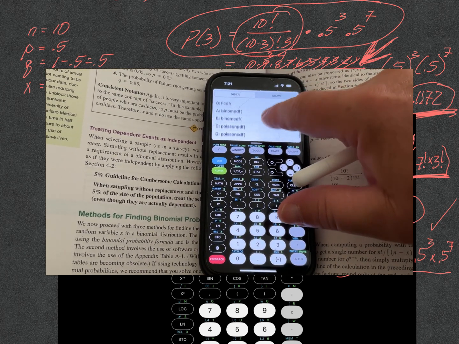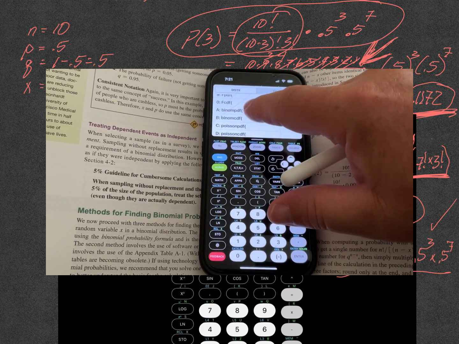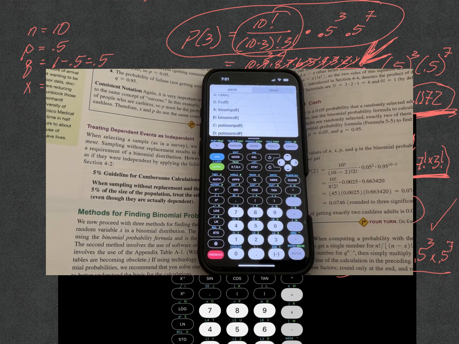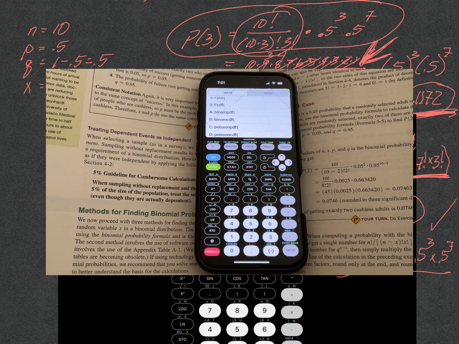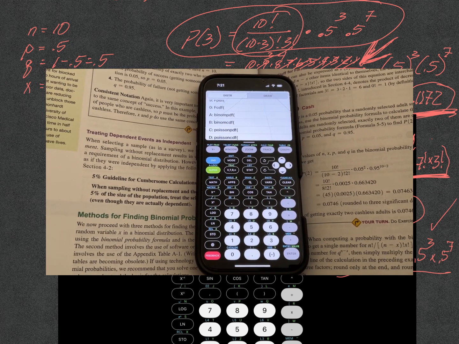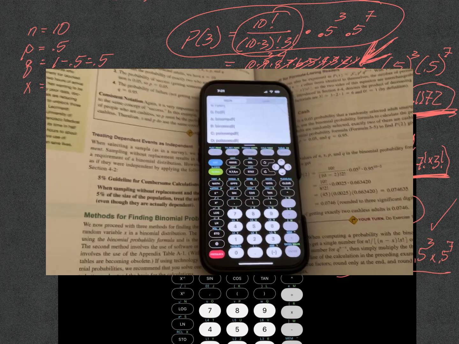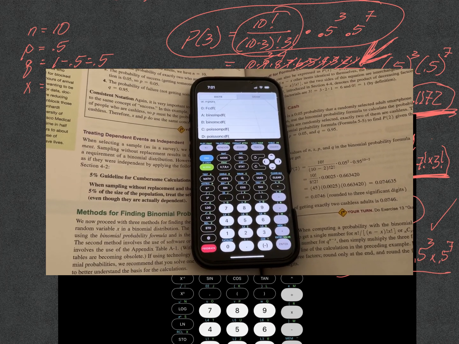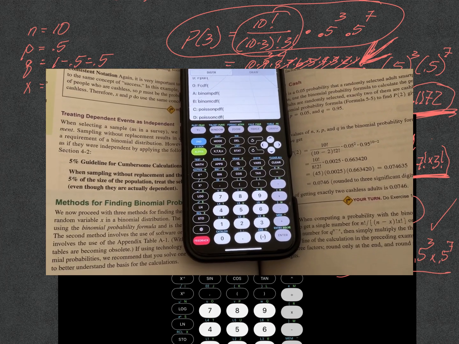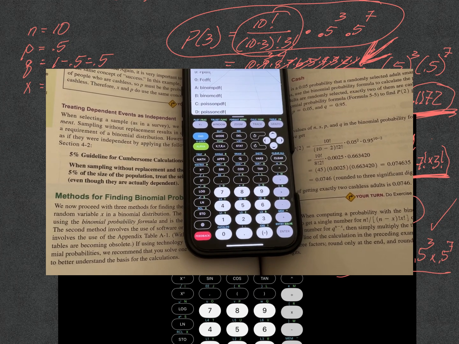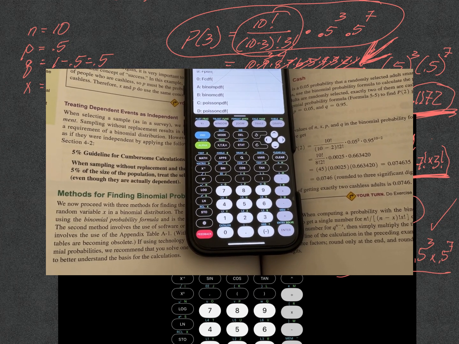If you scroll down to A and B, you will see a couple of binomial probability distribution function menus. A is the binomial probability distribution, and B is the binomial cumulative probability distribution function.